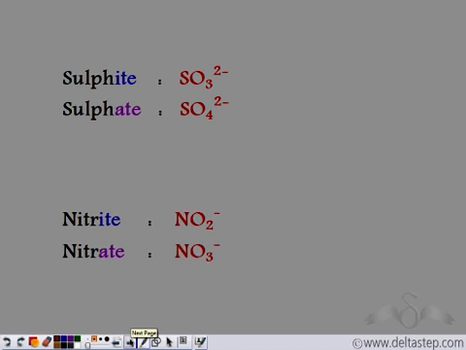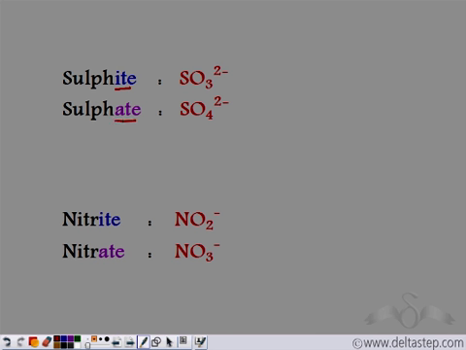So these are some other radicals. You see the sulfite radical is SO3 2- and sulfate is SO4 2-. Now there's another system of naming them. When there are a lesser number of oxygen atoms, they are given the suffix "ite". When there are a greater number of oxygen atoms, it's given the suffix "ate".